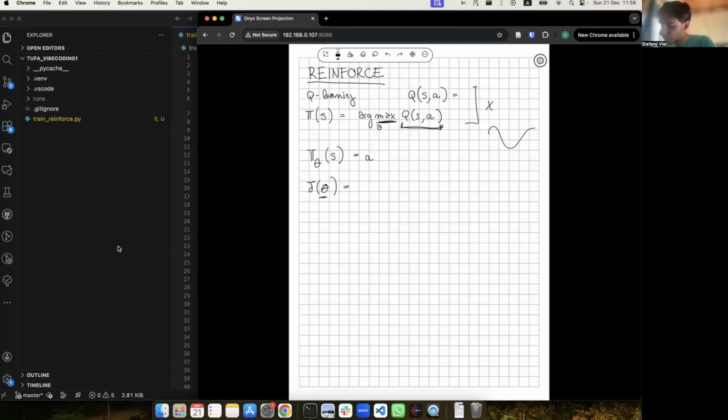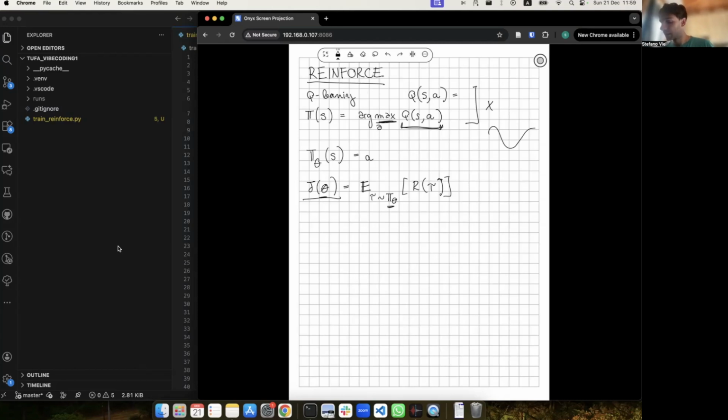And the function that we are trying to optimize is just the expected value over the trajectory sampled from our policy of the reward of the trajectories. So basically, what this is telling us is we would like to maximize this function, which is the expected or mean value over the whole distribution of trajectories given our current policy of the reward.